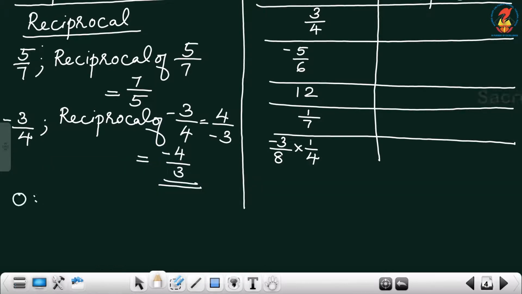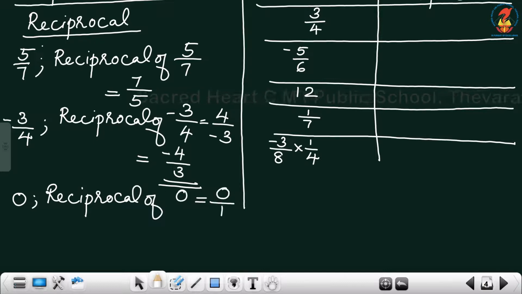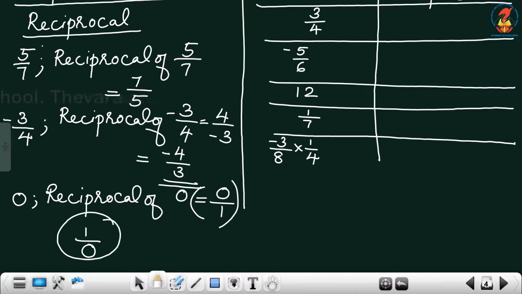Now, consider the rational number 0. What is the reciprocal of 0? Zero means it is 0 by 1. Then what is the reciprocal of 0 by 1? It is 1 by 0. Is 1 by 0 defined?